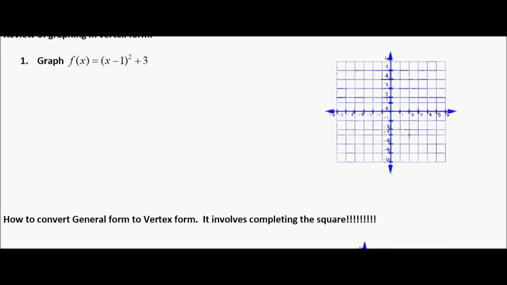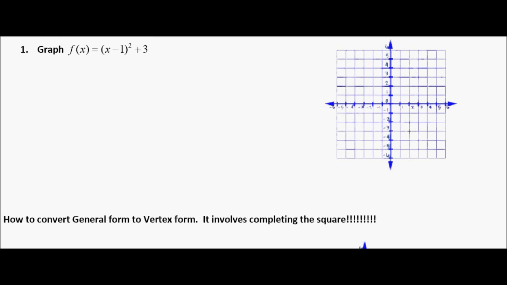So let's take a look at this vertex form, which I said is essentially the same as what we were doing in 7.5. First thing I'm going to do is take this f of x and replace it with y. So I have y equals x minus 1 squared plus 3.